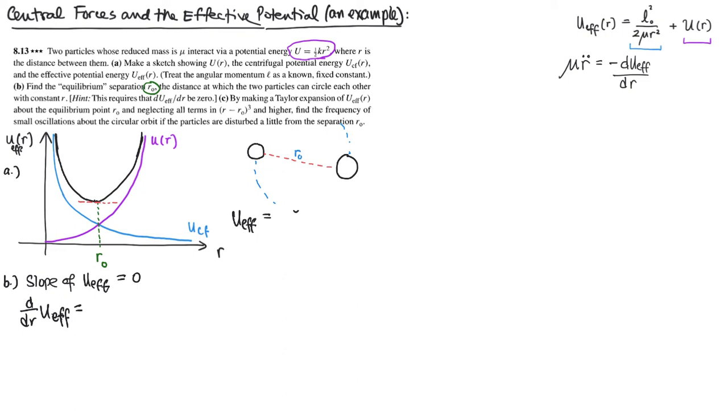Well, it's always going to have this L naught squared over 2 mu r squared. And then we're adding to that the actual potential associated with the force in this problem, which is the spring force potential, 1/2 kr squared. So we need to take a derivative with respect to r of that set of two terms.